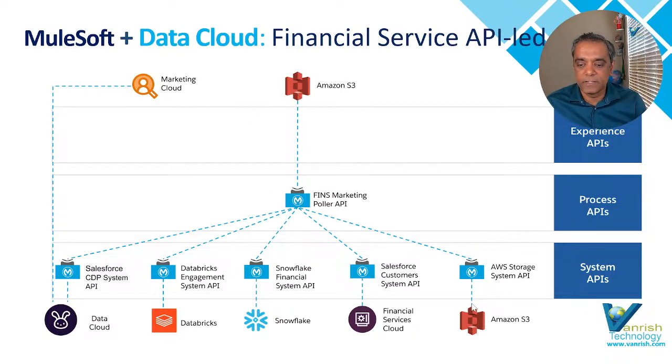It is reading the data from Financial Services Cloud, and then it comes to Data Cloud. So basically, we are focusing on this Data Cloud part. From there, we are reading through the CDP system through the ingestion API, and from there we are enabling the marketing profile API and the Polar API. And then we are pushing data into Amazon S3 or any of those.